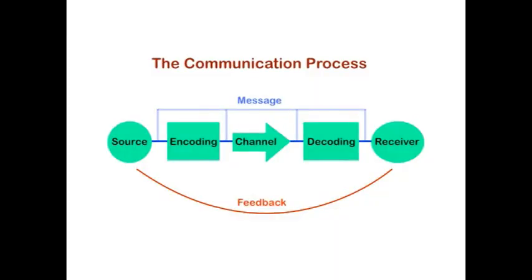In the communication process, a sender (encoder) encodes a message and then using a medium (channel) sends it to the receiver, that is decoder, who decodes the message and after processing the information sends back appropriate feedback (reply) using a medium or channel.